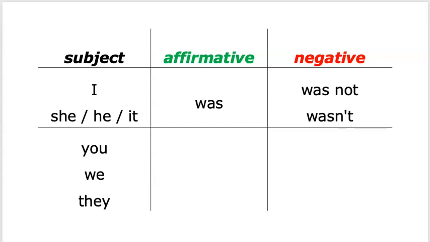If our subject is you, we, or they, or a phrase like Joe and I, or Tom and Bobby, we're going to use were in our affirmative sentences, and were not, or the contraction weren't, in our negative sentences.